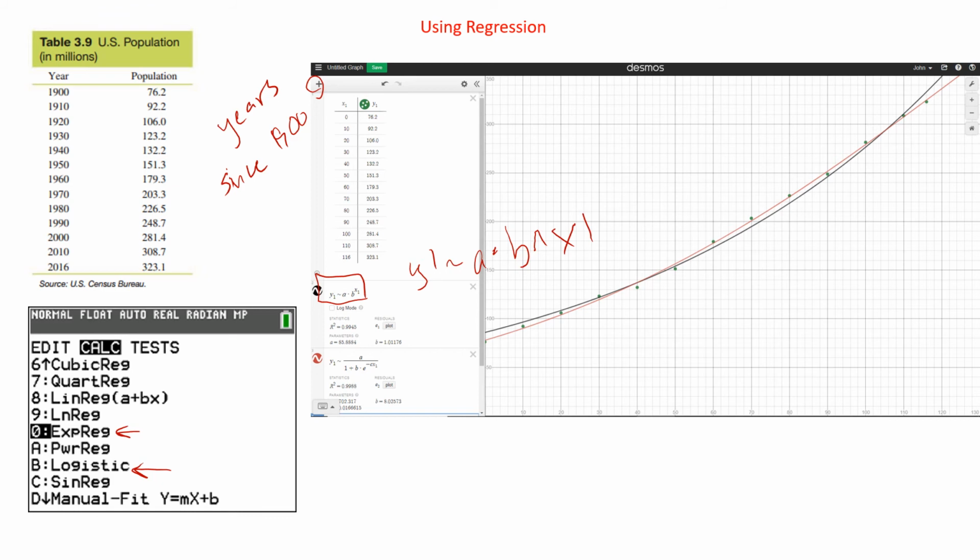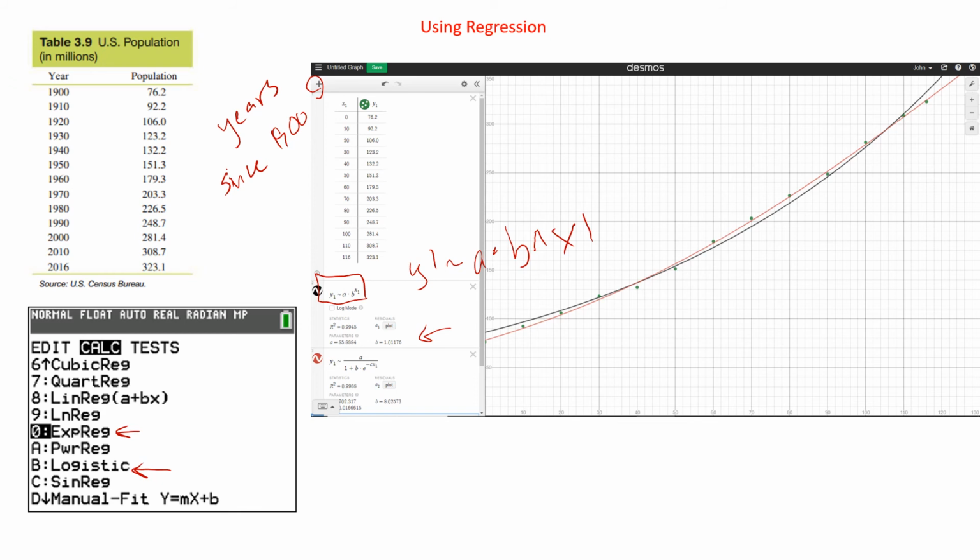What's really fun with these is if I type that in first and then I start putting the data in, I could see how each data point would affect my line. So that's the exponential regression, and then it gives you your equation down here the same as the calculator would.